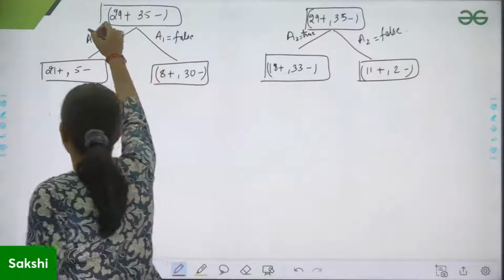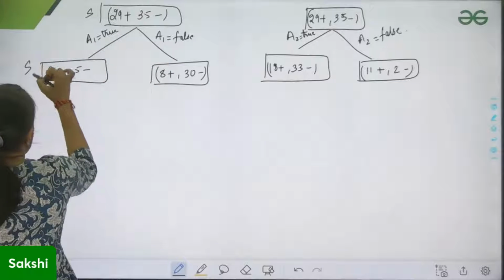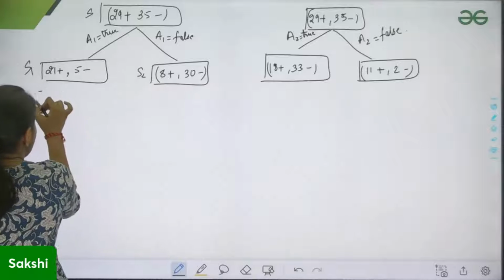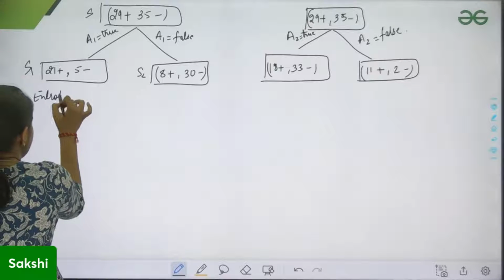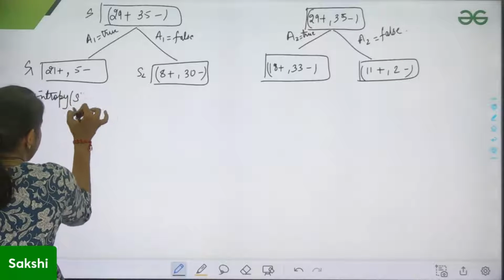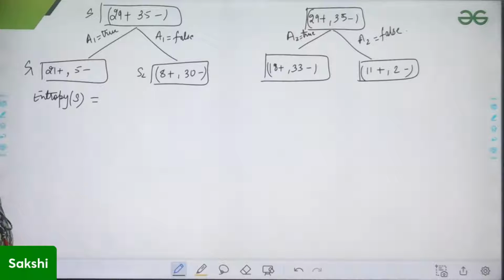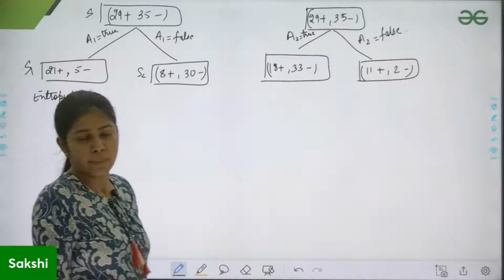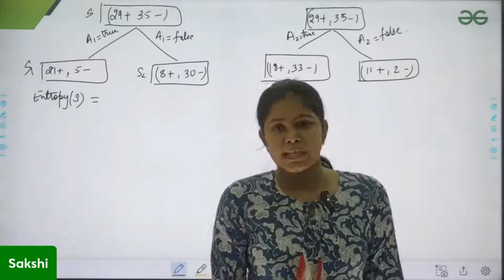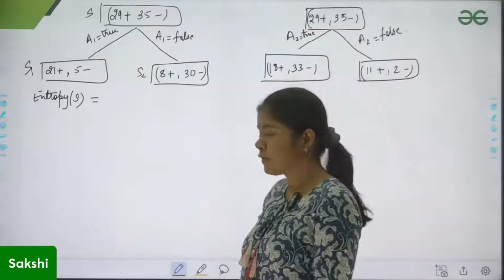Here, let's consider this set as S, and then S1 and S2. If I find the entropy at S, we have already solved it, but let me tell you once again what entropy is. Entropy is minus summation Pi log Pi, where Pi is the probability of a class. The formula for entropy is summation, i varying from 1 to n, of minus Pi log to the base 2 Pi.